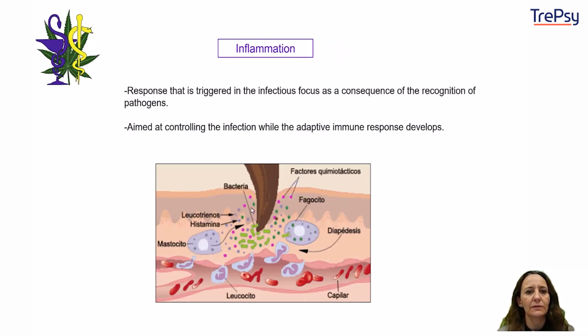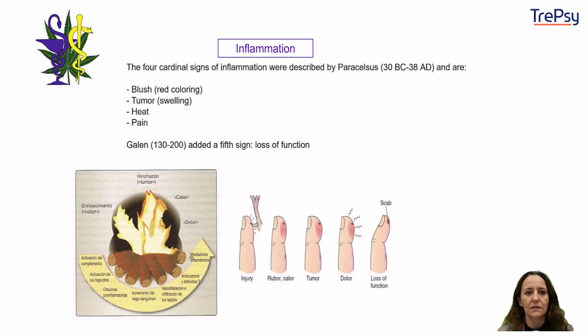So, what is inflammation? Inflammation is the response that is triggered in the infection focus as a consequence of the recognition of pathogens. It aims at controlling the infection until the adaptive immune response develops. So, let's have a look at this.